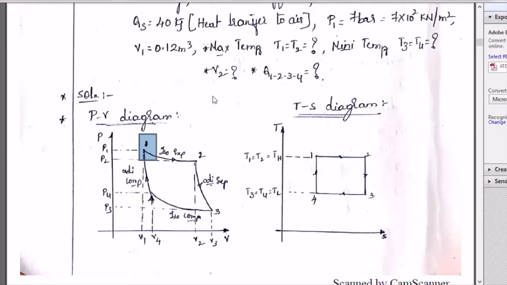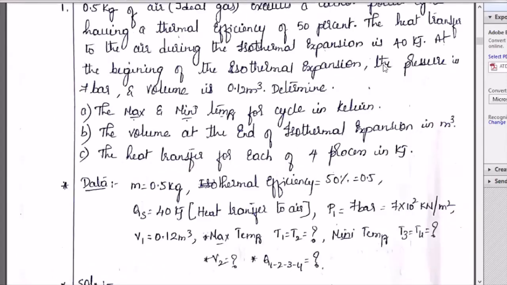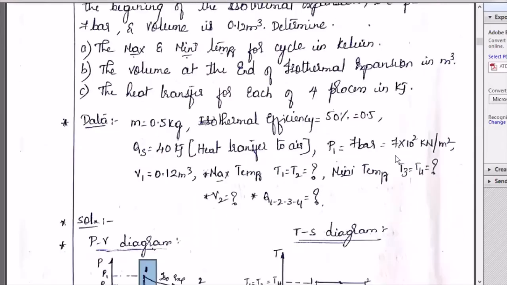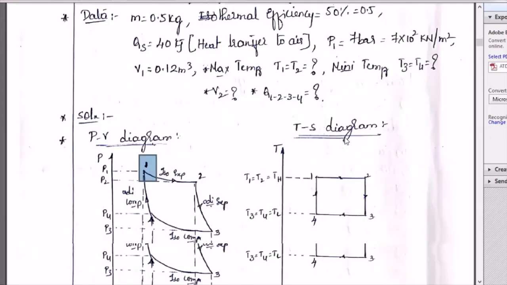Beginning of isothermal expansion, the pressure is 7 bar. Pressure is 7 bar. So that's why I write it P1. This is how you identify whether the given value is P1 or P2 or P3 or P4. So if it is the beginning of isothermal expansion, then it is P1.